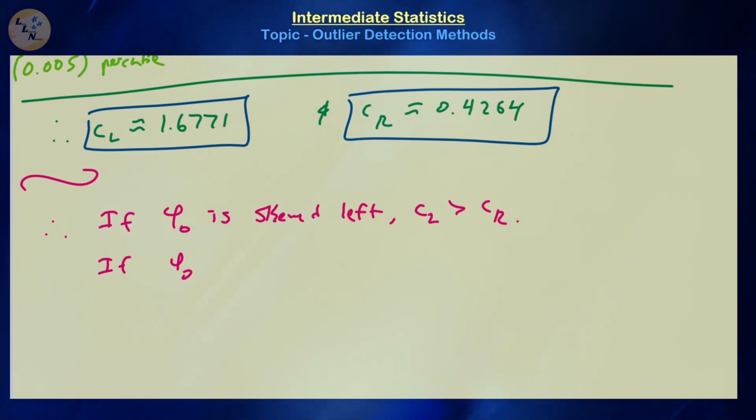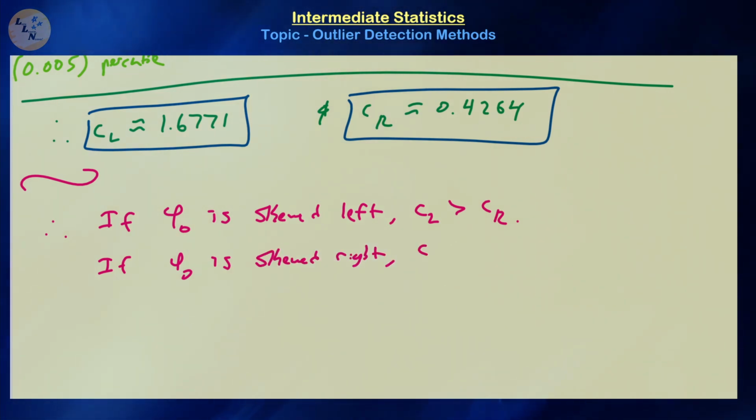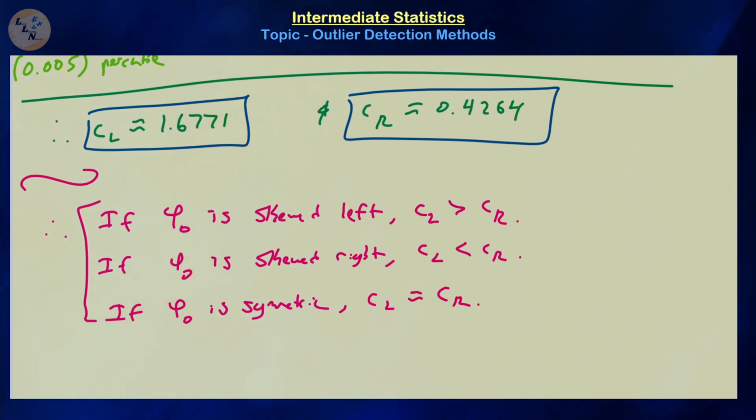If the distribution that we're sampling from, or our proposed one, is skewed to the right, then CL should be less than CR. And if our distribution is symmetric, or close to symmetric, so the mean and the median are close to each other, then CL and CR should be equal or really close to each other.